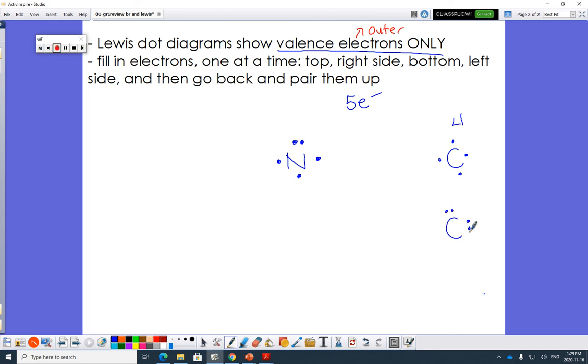that's not right, okay? Because what we're going to do next is draw the structure. So this is going to help us figure out how many bonds carbon needs. That's what we're going to do next in grade 11. And then in grade 12, based on how many bonds there are, and how many pairs are left over, we're going to say, okay, what's the 3D shape?